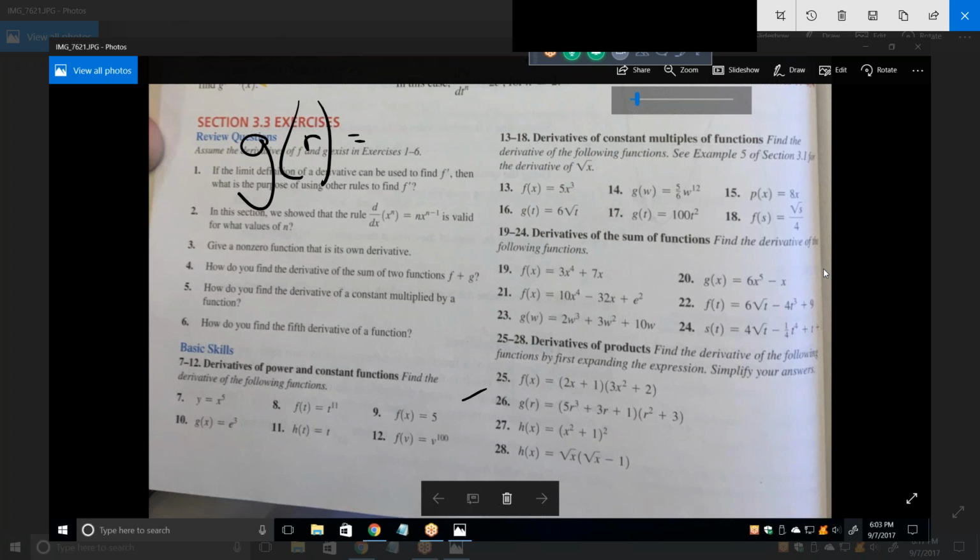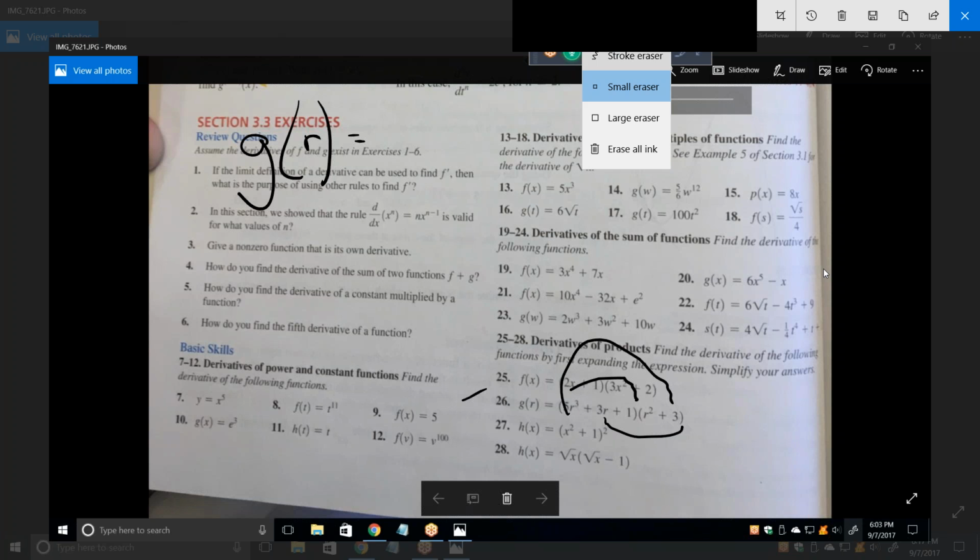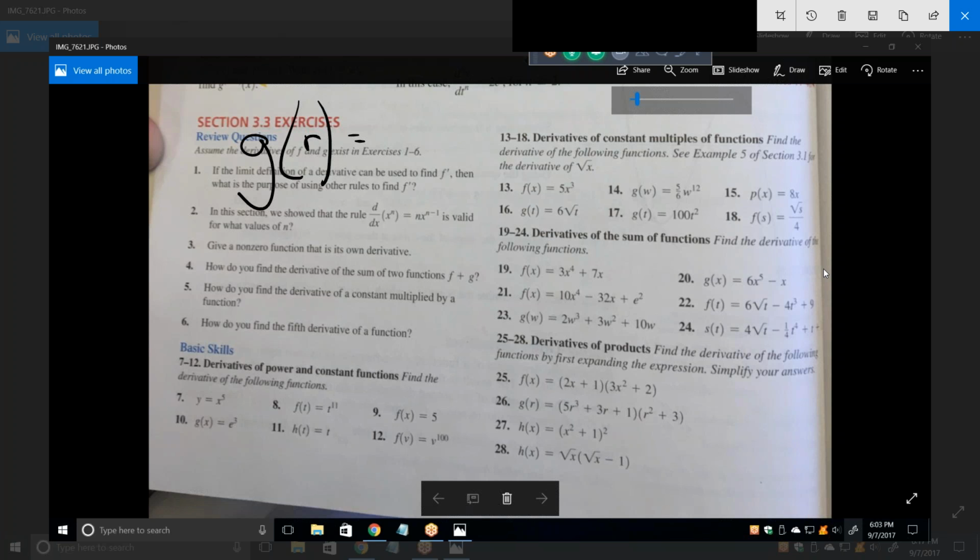Going systematic. The key to expanding these is follow a system and always follow that same system. Don't jump around. Don't multiply that times that, and then that times that, and then go back and multiply that times that. You know what I'm saying? Follow a pattern and stick to it. The pattern I do is left to right.